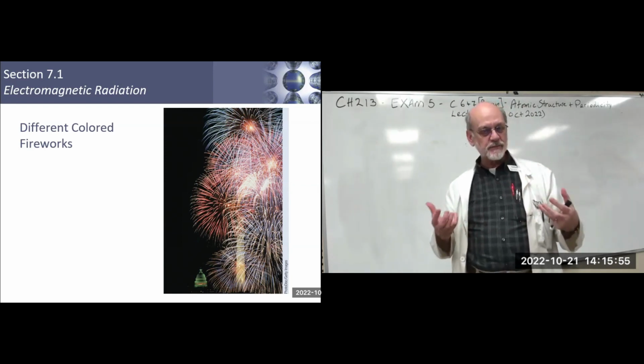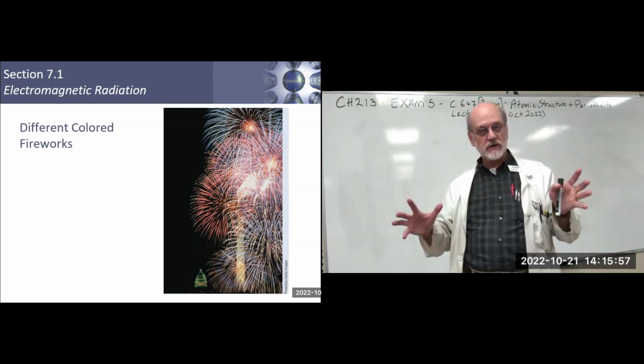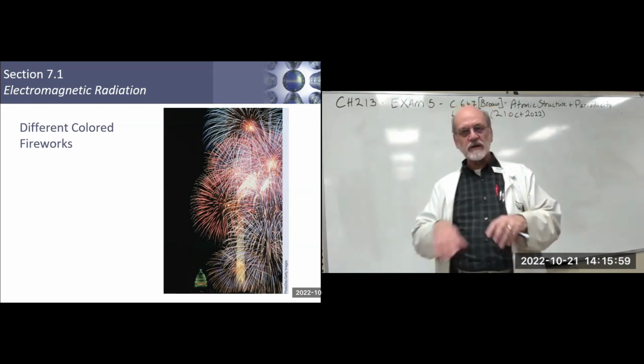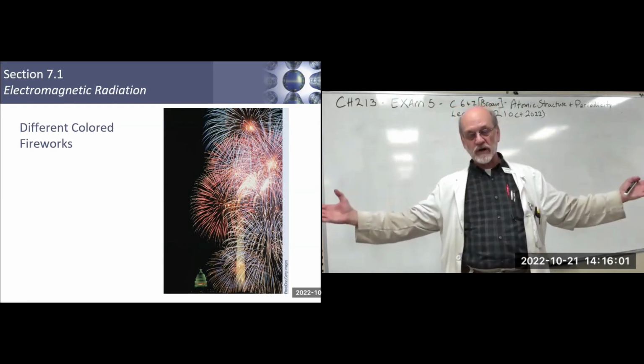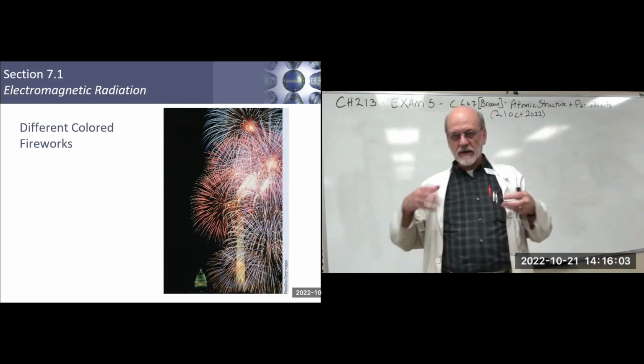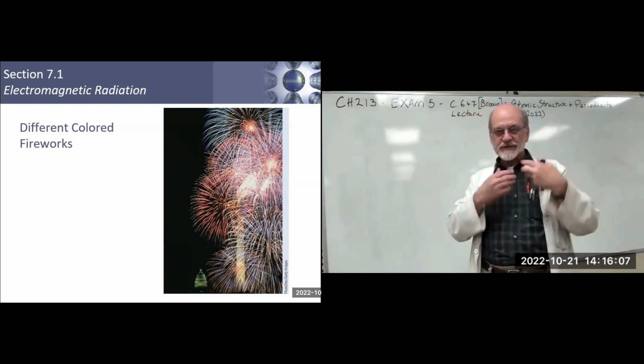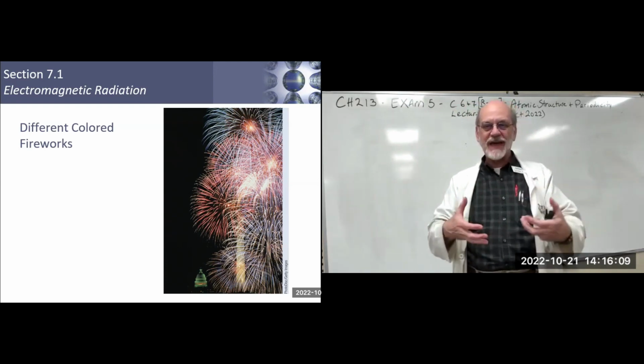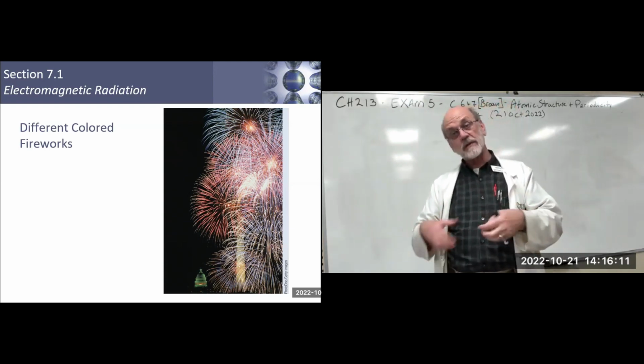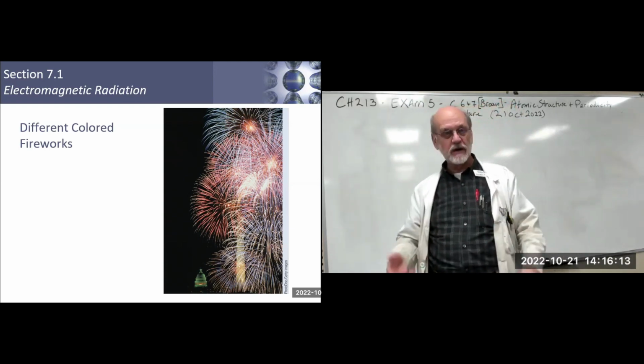But from a scientist's perspective, that means more than just colors. The electromagnetic spectrum is extremely broad, and various sections of that spectrum give us different types of information about the atom, about molecules, about individual bonds, as a matter of fact.